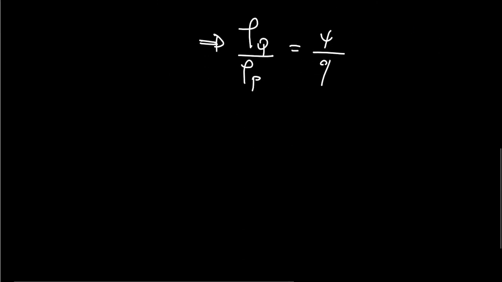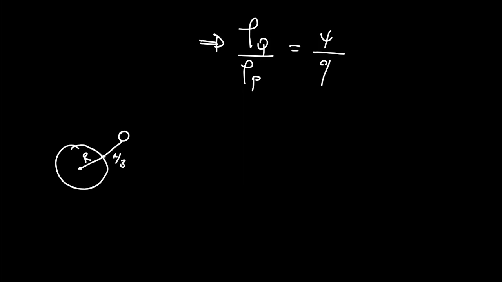So the pictorial representation of the problem is, let's say that's my planet, and I have the object at that height. So the distance from here right up to that point is r, and the distance from here right up to where the object is 1/3 r.